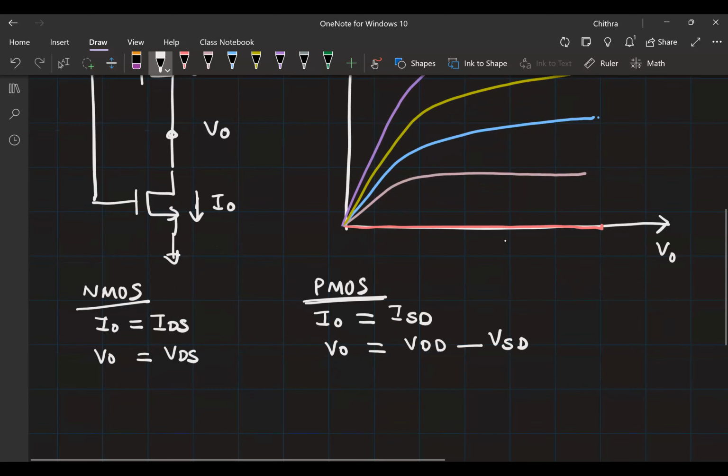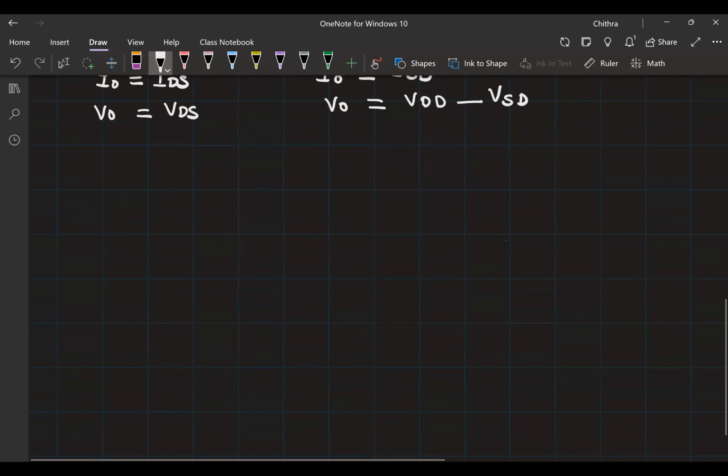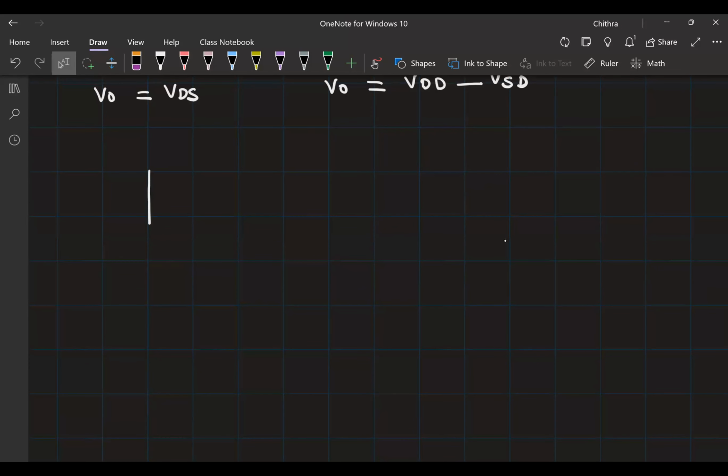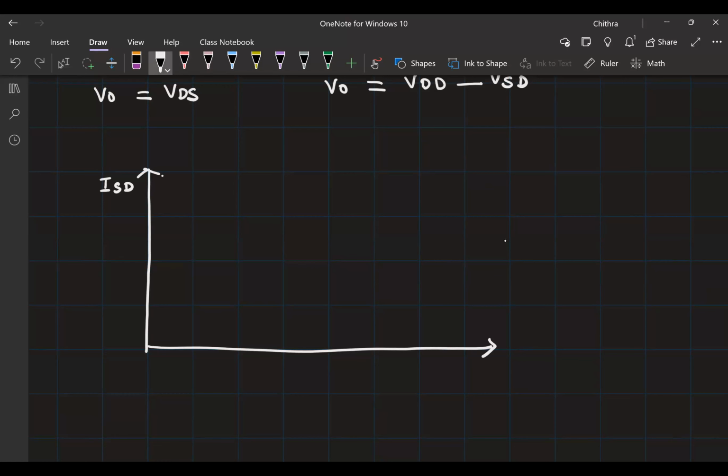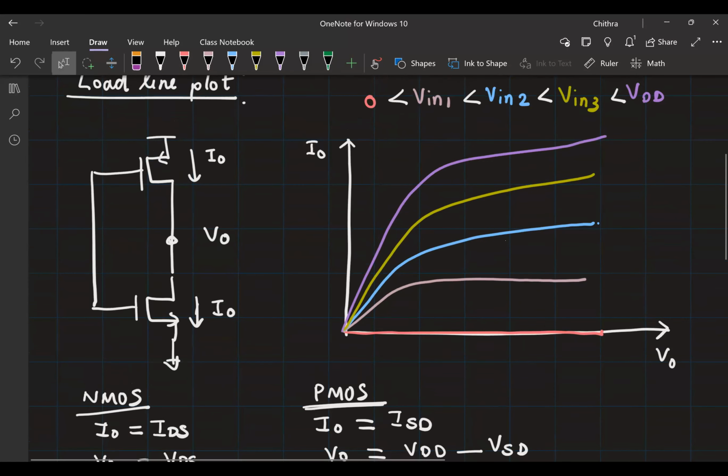Okay, so I will start by first plotting ISD versus VSD for different values of Vin, and then we will shift it such that I can get ISD versus V0. So we are looking at ISD versus VSD for the same Vin values as shown here.